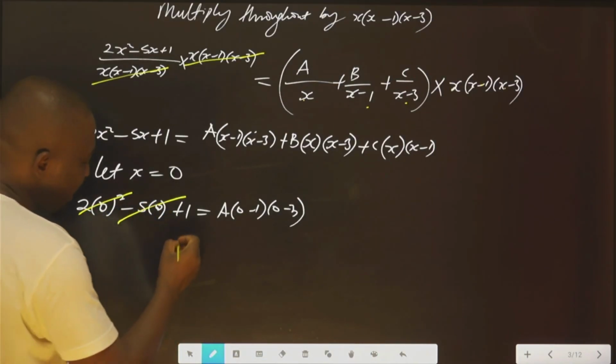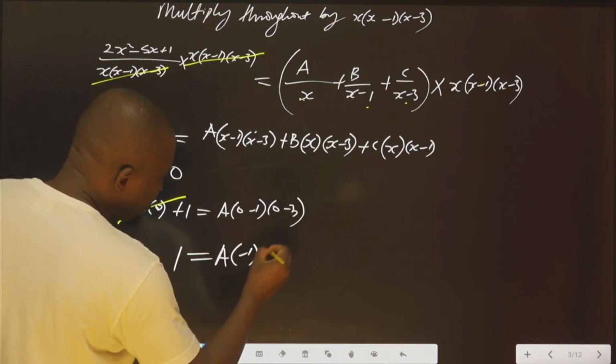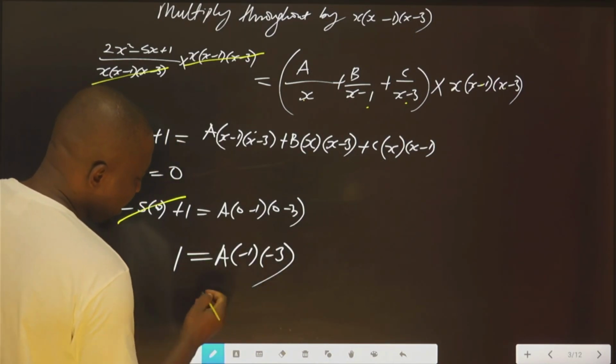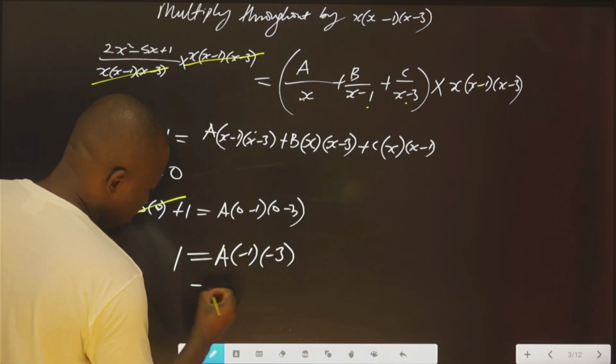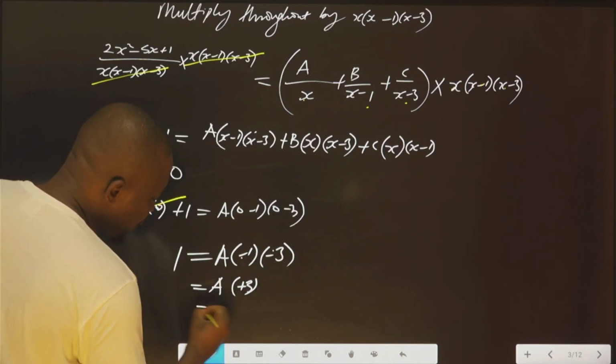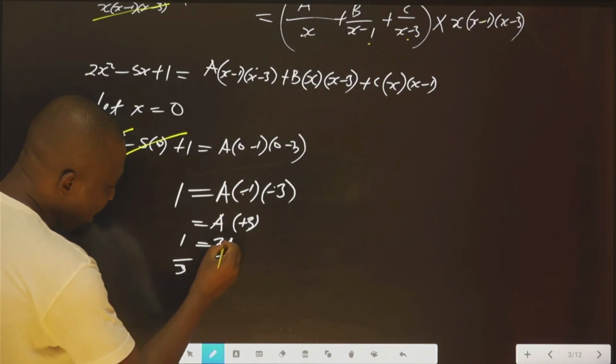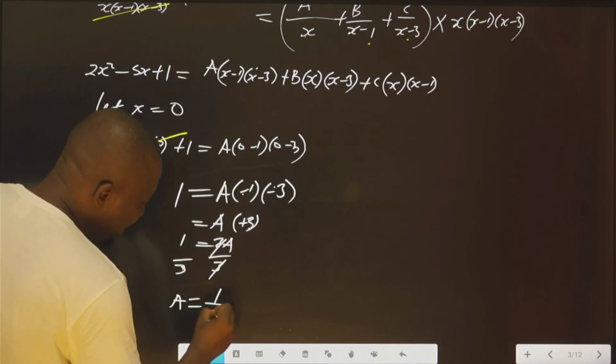It remains 1 equals a times minus 1 times minus 3, okay? Which is a, this and this will give us plus 3, which you can also rewrite as 3a. Divide both sides by 3. You agree with me, therefore, a is equal to 1 over 3.